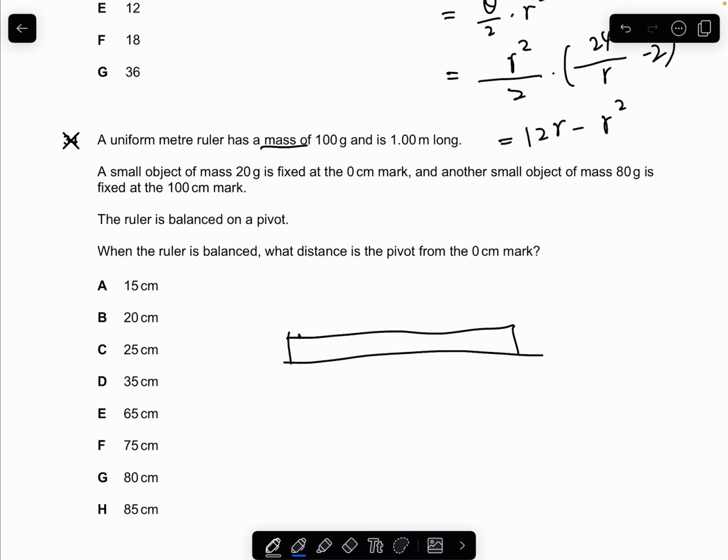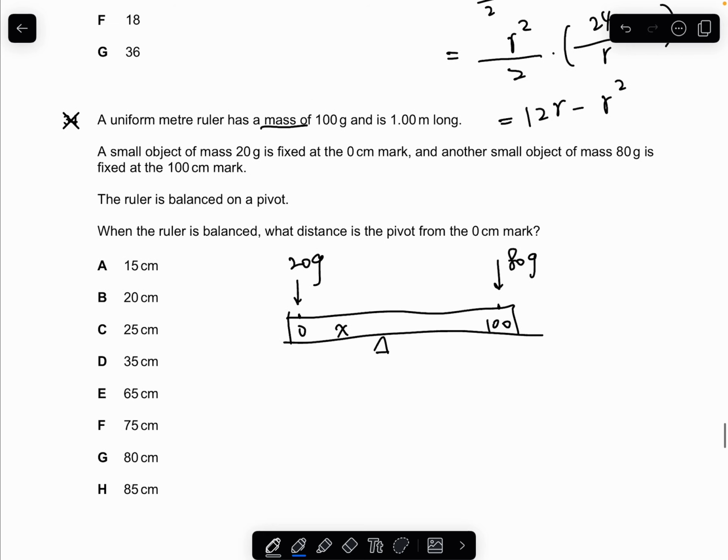A metal ruler has a mass of this, okay? The 0 centimeters mark and another at here. Pivot. Okay, say this is x.